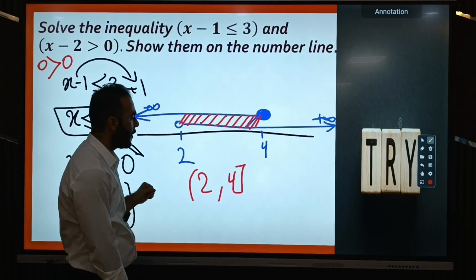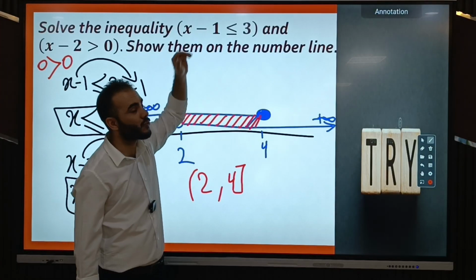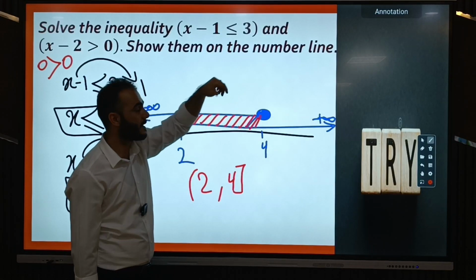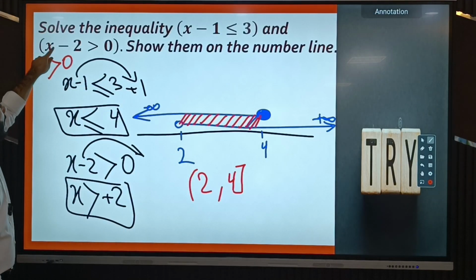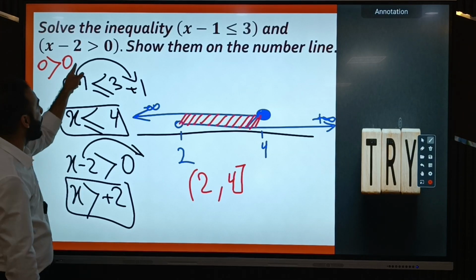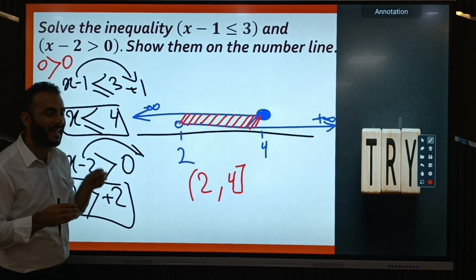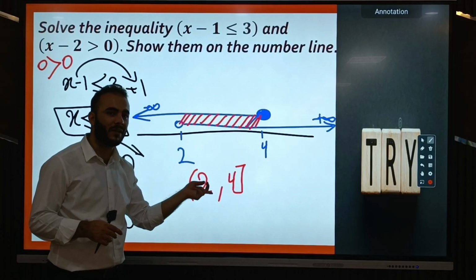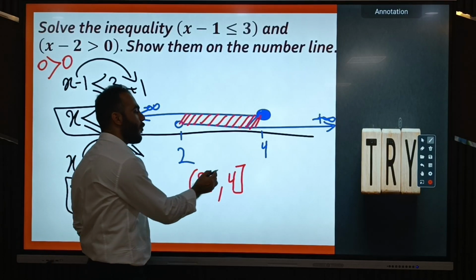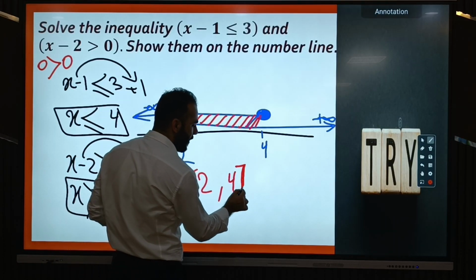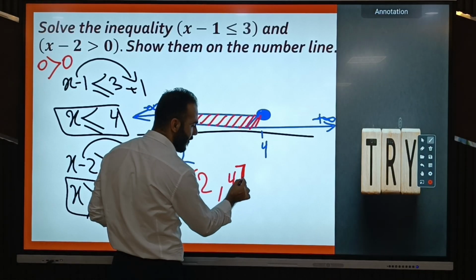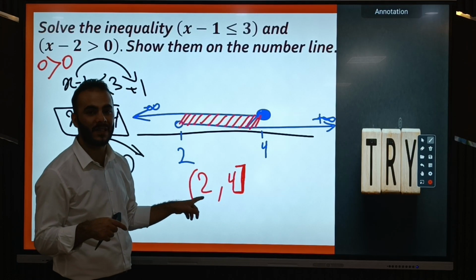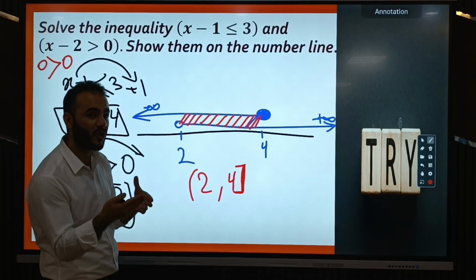Okay, how about 3? So let's just try 3. 3 minus 1, 2. And 2 is less than 3. Perfect. How about this one? So 3 minus 2, 1. 1 is greater than 0. Since it works for both inequalities, 3 is included in this interval. And how about 4? Since we have a closed interval for 4, 4 also is a member of this set. Let's see whether it works for both sides or not.